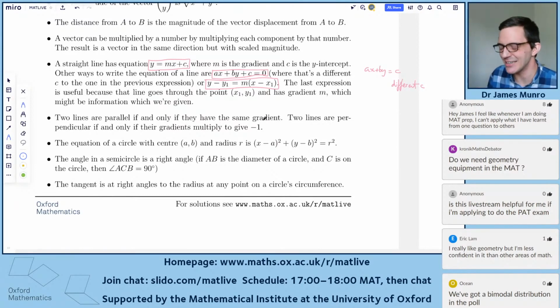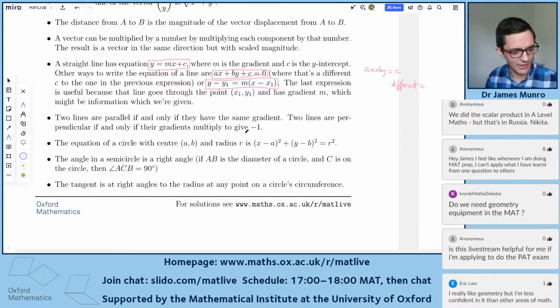You can modify it to make it into the equation for a plane. We're not doing any planes today, just sticking to 2D stuff. Scalar product in A-level maths, but that's in Russia. So, yeah, no scalar products today. There's secretly a scalar product hiding in that last equation that I put a box around, but you don't need to know what a scalar product is today.